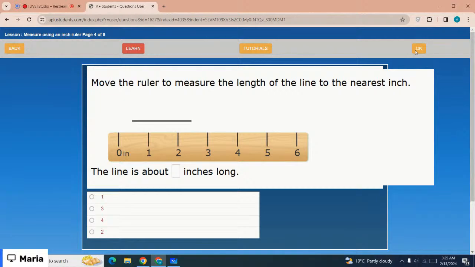Which is the correct option? Yes, that is just 2 inches long. The correct option is 2.